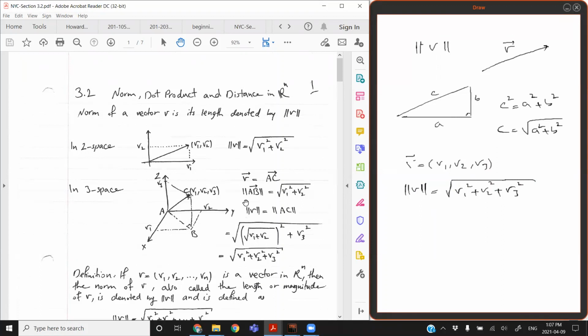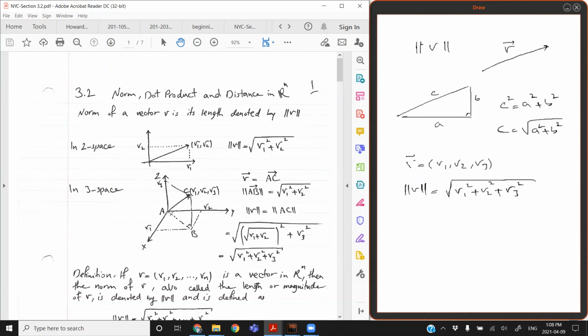And it's very easy to prove, because you can think of the length of v in the 3 space as the hypotenuse of this triangle here. Yes, we have a triangle here, and the norm of v would be the length of the hypotenuse of that triangle.